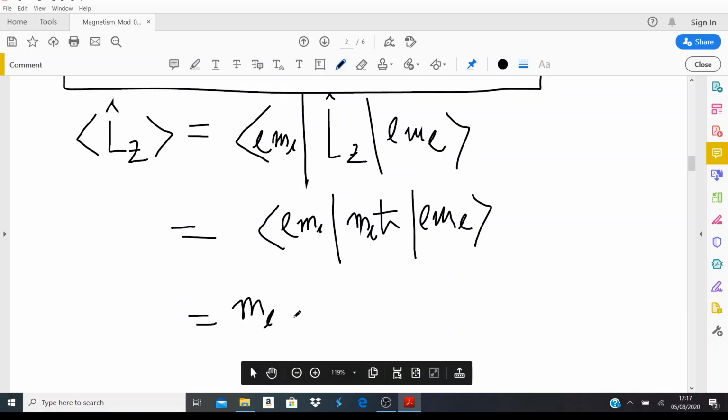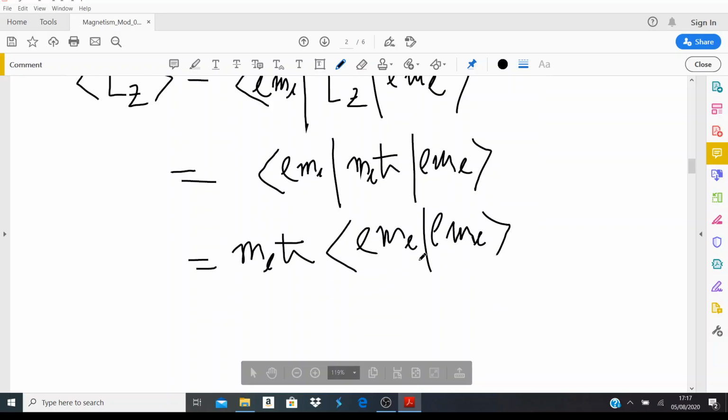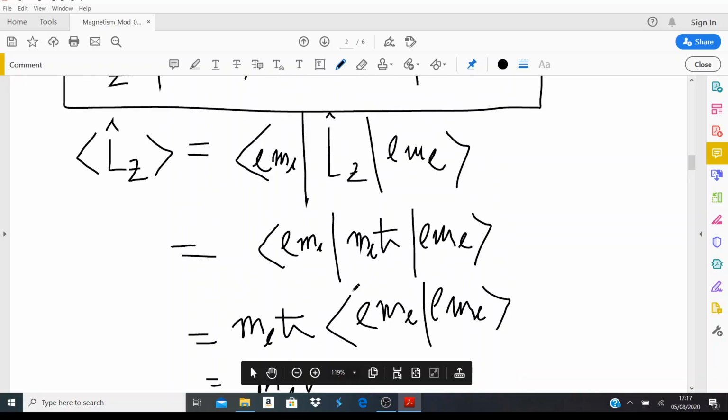Then we are left with the inner product between the bra and the ket, and that's the same ket. You remember the condition of orthonormality: these states are orthonormal, so when the bra and ket are equal, that's 1. So the result is m_l times ħ, the expectation value of the operator L_z in the state |l, m_l⟩.